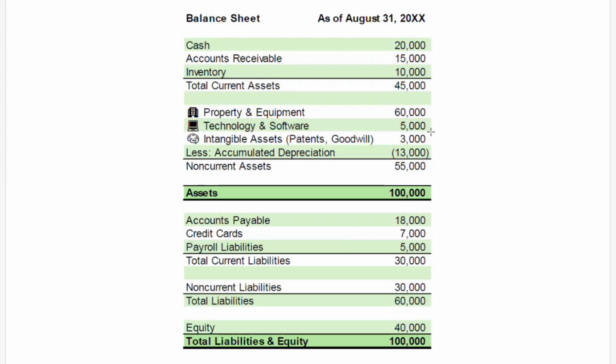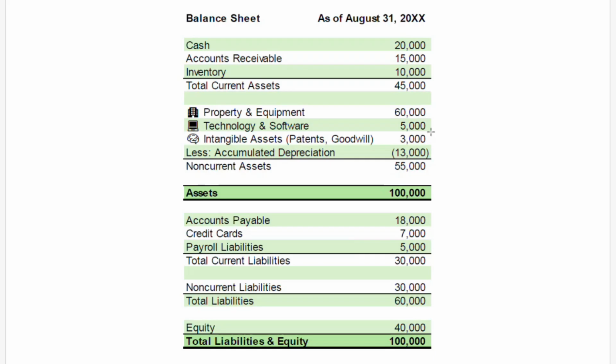And then you've got other intangible assets like goodwill or patents and that sort of thing. I don't run into this too often with most of my small business owner clients, but it does happen from time to time, and it's still important to know. There's value in patents.